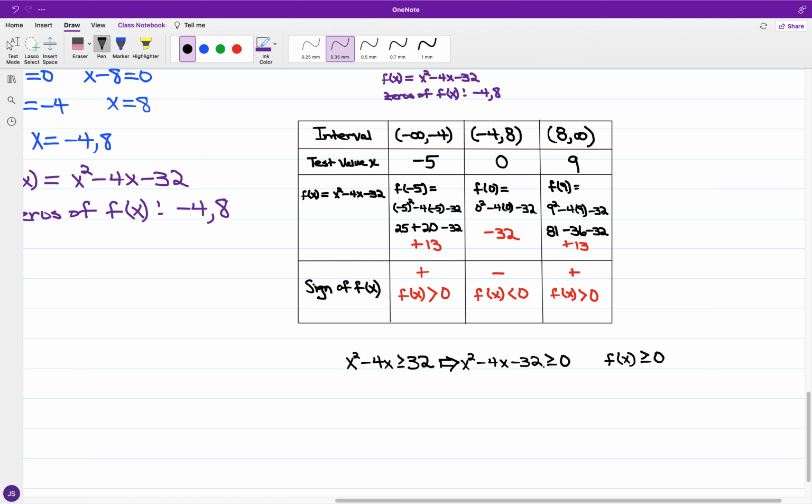As a comparison to 0 inequality, I took 32 away from both sides. And again, just in terms of how f of x compares to 0.